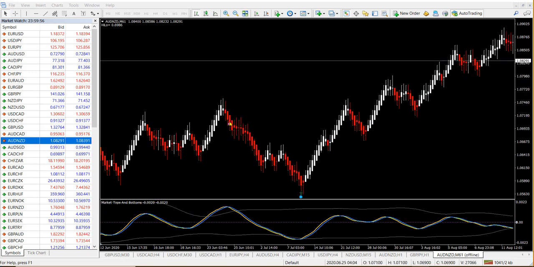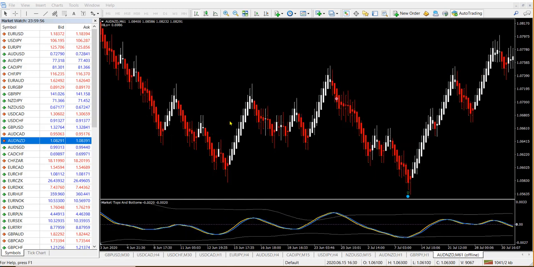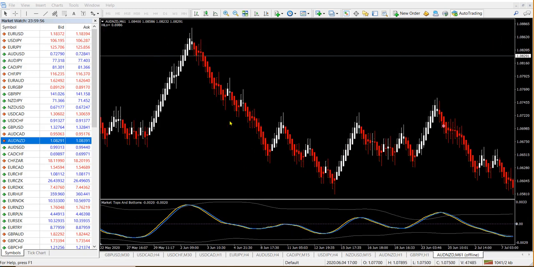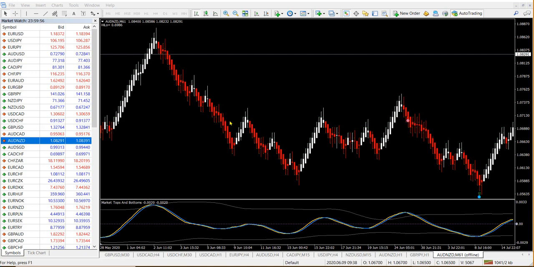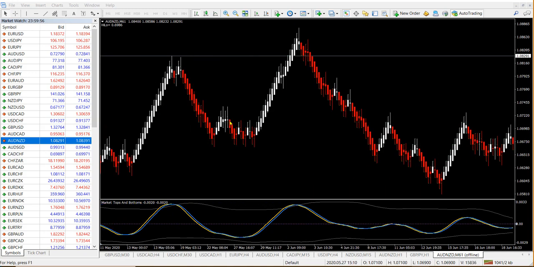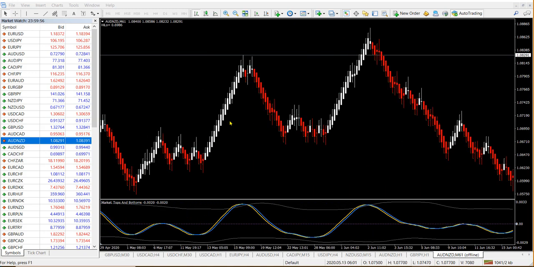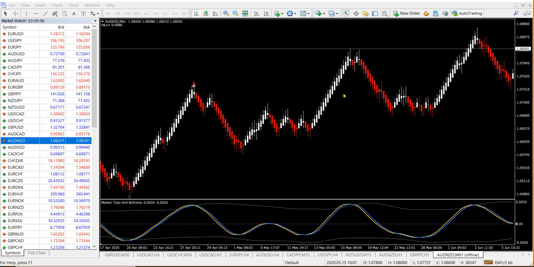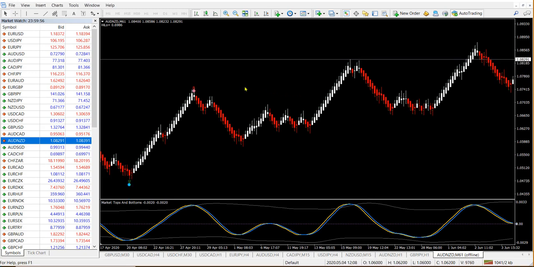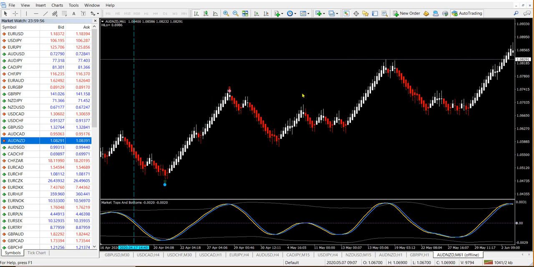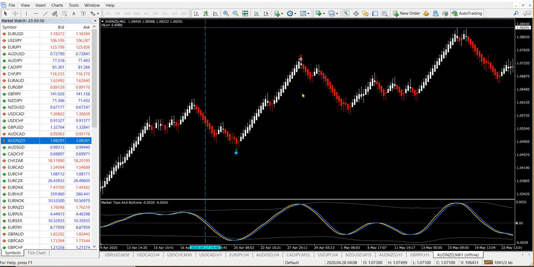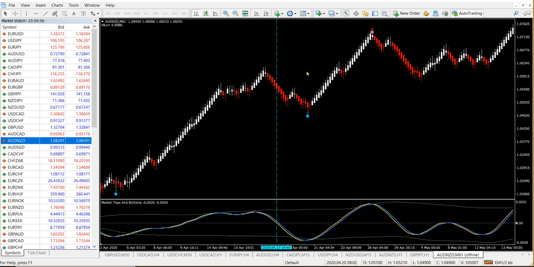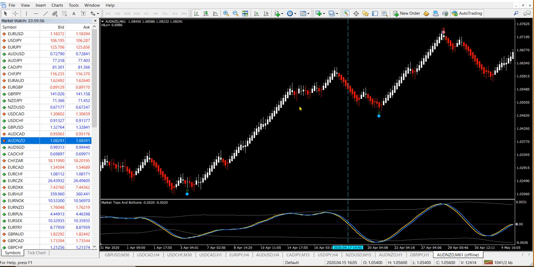Short up here. One up here. Now this is when Renko bars can be good, when the market is really ripping.